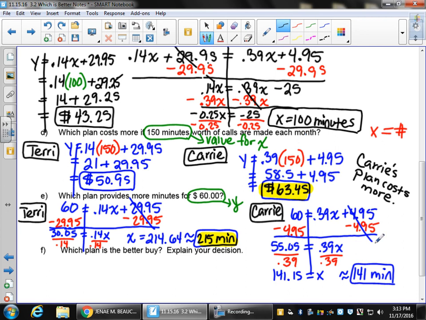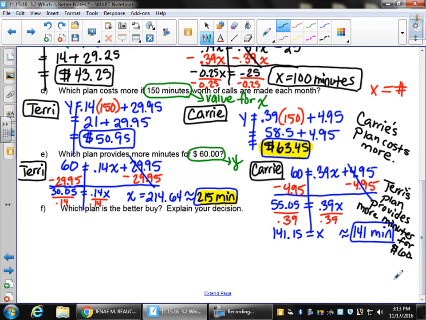And again, a nice little sentence, either double box this or say real quick, Terry's plan provides more minutes for $60. Which plan is the better buy? Whenever you have these follow-up questions, it would be really nice if we can see, did we already do the work to support whatever answer we say?